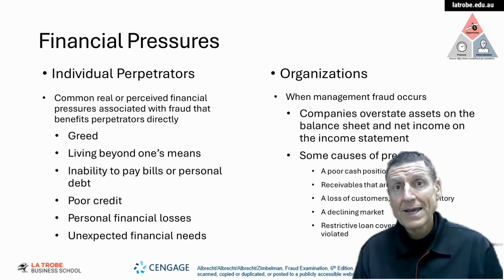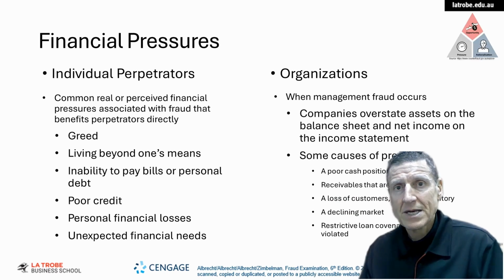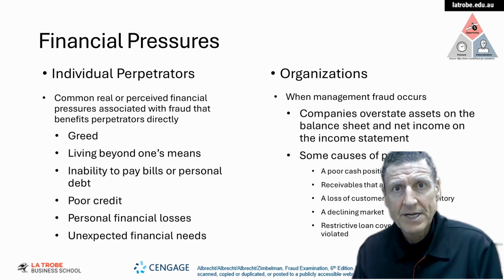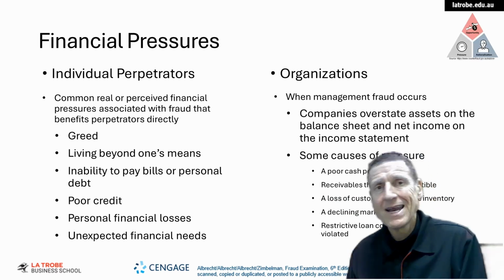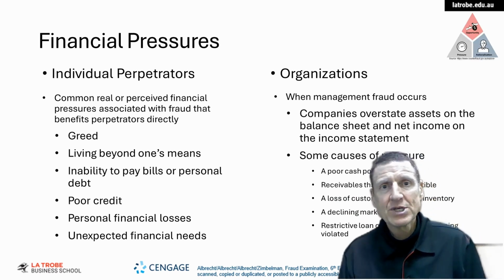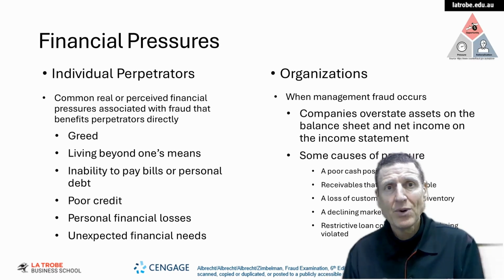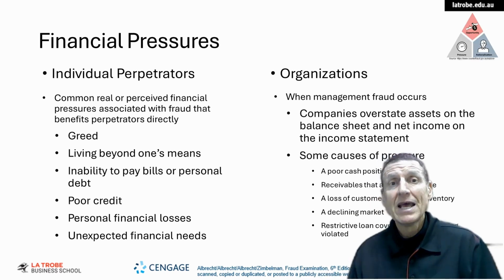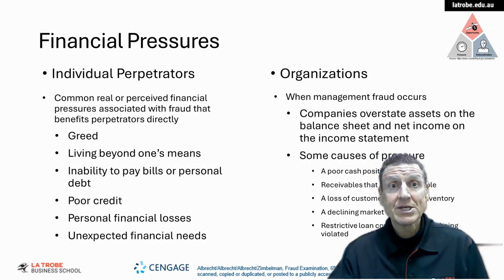Or they might break their loan covenants, whereby the creditors will actually take them to bankruptcy. These are all pressures that could force management to manipulate the financial numbers. So then you have pressures for employees over there, you have pressures for management: employees against the organization, and pressures for management to commit fraud on behalf of the organization.